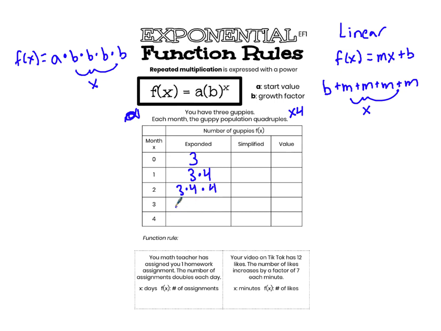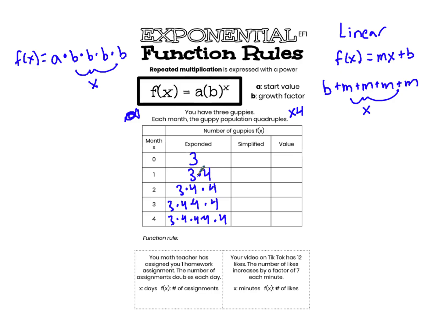After 3 months, I have all the guppies I had after 2 months, 3 times 4 times 4, and then that population quadruples. After the 4th month, I think you're seeing this pattern, 3 times 4 times 4 times 4, and then again I multiply by 4. My population quadruples.